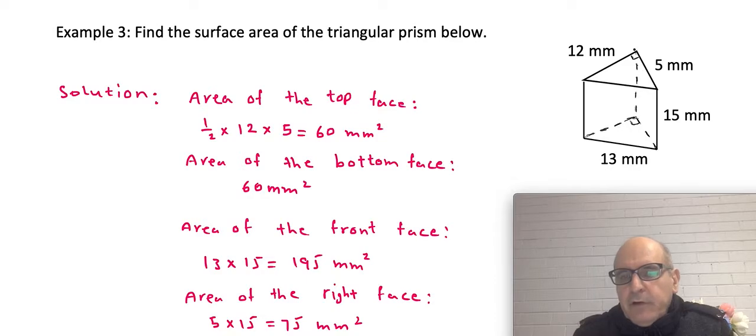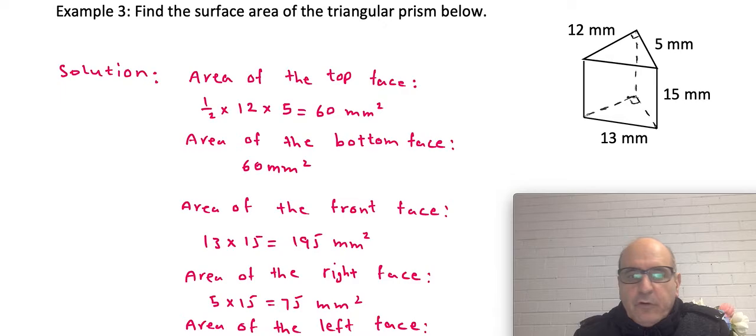So if I can find one of them and double them, then I've got this one and this one together. Now, area of a triangle is half times base times height. Because this is 90 degrees here, I can take this as height and this as base. So it's going to be then half times 12 times 5. That will give me the area of this top triangle, which is 60.